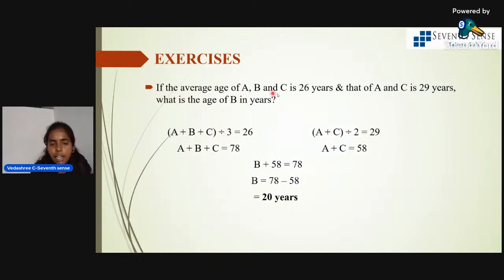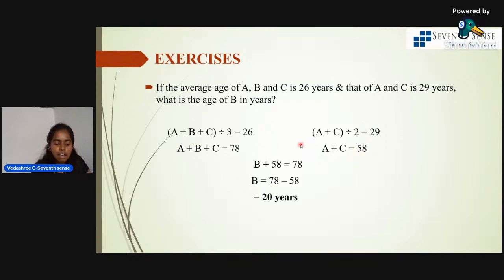Here the total number of values is 3 and the average is given, that is 26. So A plus B plus C divided by 3 is equal to 26 years. Then the average of A and C is also given. So A plus C divided by 2 is equal to 29, right?